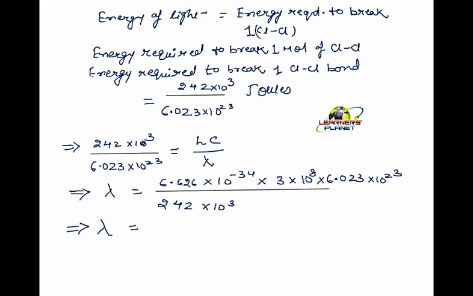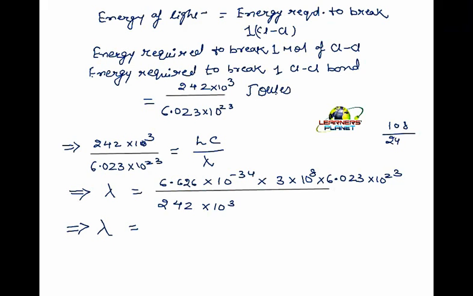Let's take it out approximately. This will be 3 multiplied by 6, which is approximately 18. Then 18 times 6 is 108, and that is divided by 242. I'm just finding the approximate answer.